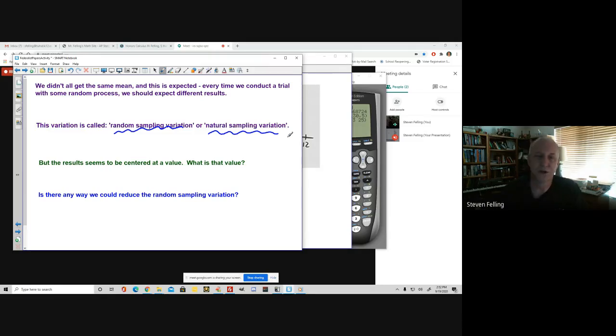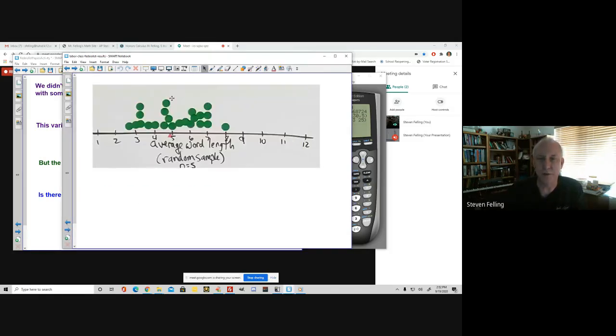Okay, so is there some way we could reduce this variation? Because the problem is that even though I'm going to have to pick a number for this, like maybe 5, right? That doesn't necessarily mean that's what I would get every time. So it would be better if somehow I could reduce this number, right? So usually what I have people do is say, okay, instead of taking 5 words at a time and finding the average, what if we upped it to 20 words or 50 words, something like that?